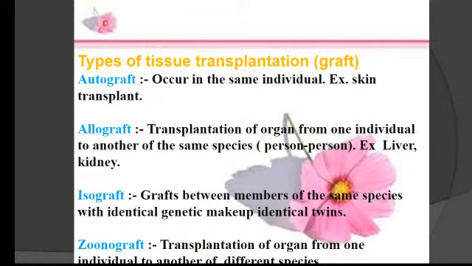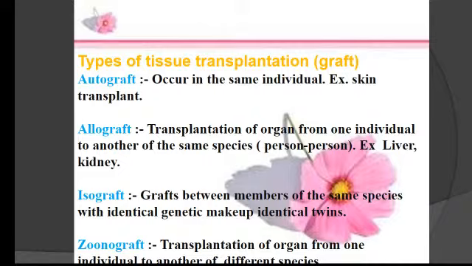Then we have the isograft, which is a graft between members of the same species with identical genetic makeup, identical twins. This is more successful because it happens between two individuals with very similar genetic traits. Then we have the xenograft, transplant of an organ from one individual to another of a different species.